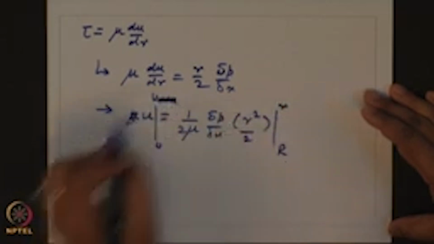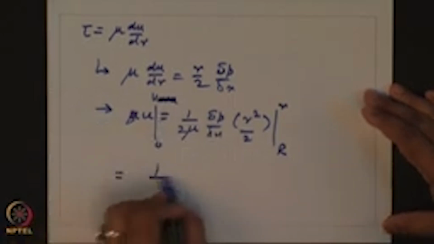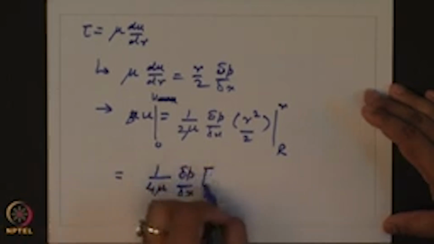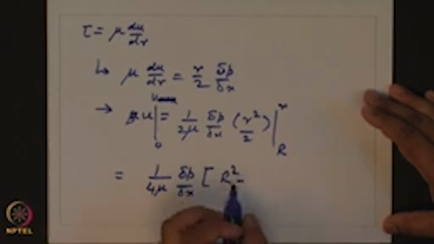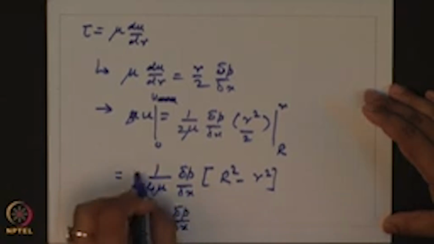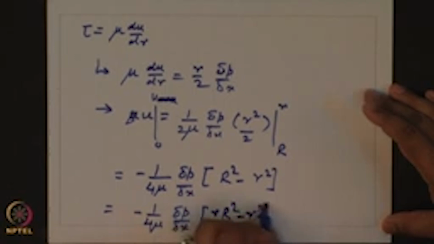or you can integrate from 0 to u, then you would get this equation: 1 by 4 mu del p del x into r square minus R square. So, minus 1 by 4 mu del p del x into R square minus r square.